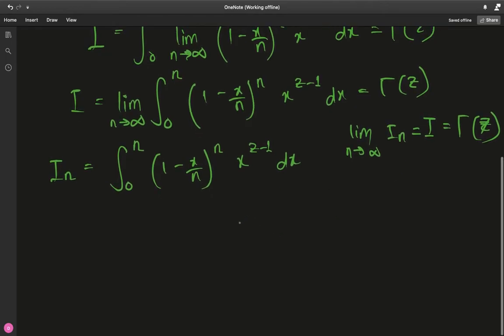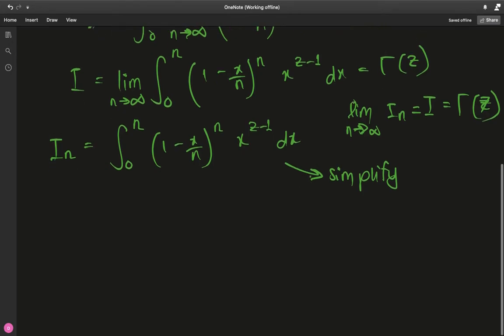So what we are going to do is simplify this. Let's try to see if we can do some simplification of I sub n, and then at the end we'll take the limit as n goes to infinity. It may seem at the start that it is not going to work, but trust me, it will.